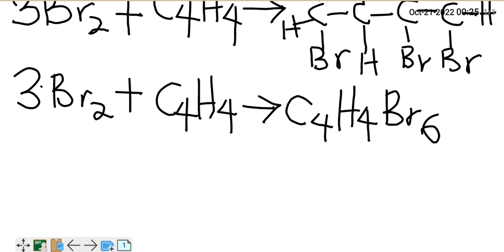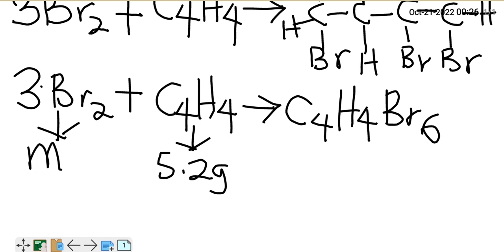So this is the compound formed. So now back to the question. We are asked to find the mass of bromine that will react with 5.2 grams of but-1-en-3-yne.